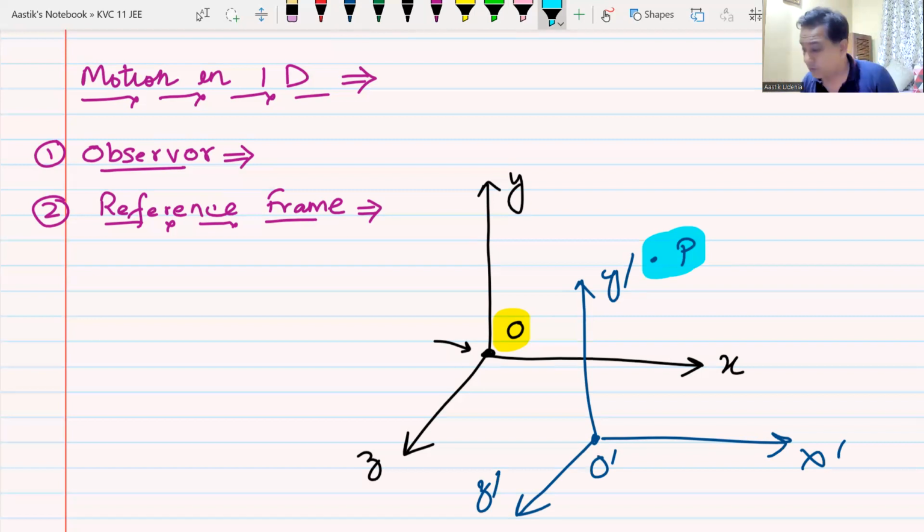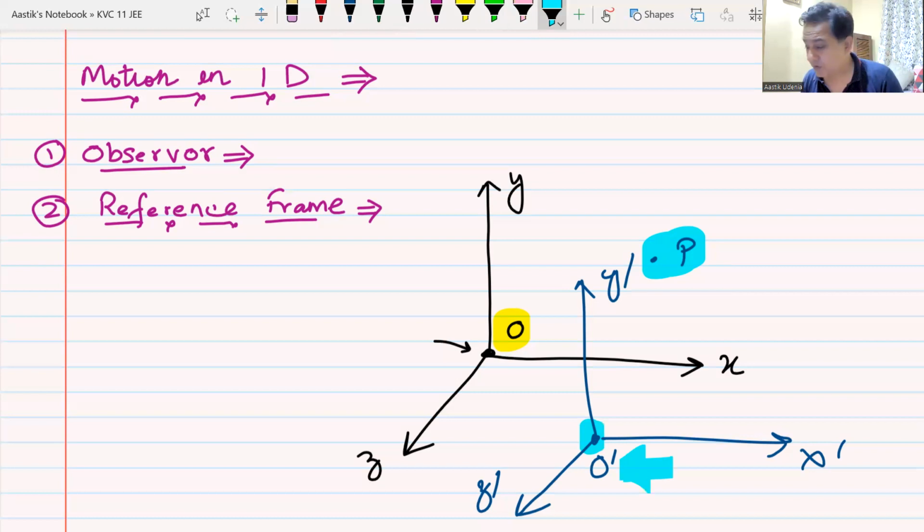But depending on my O, my first origin was O, my second origin is O dash. Depending on my choice of origin, or I can say depending on the choice of the reference 0 or my reference frame, the same object may look different. Therefore, this reference frame or your origin plays a very important role. In fact, it is the most important thing that you must understand while we are trying to study motion.